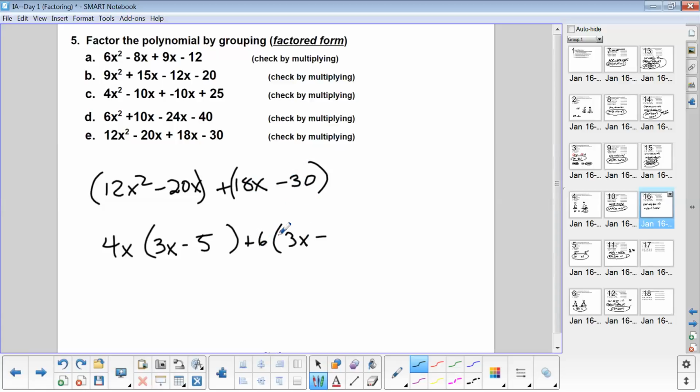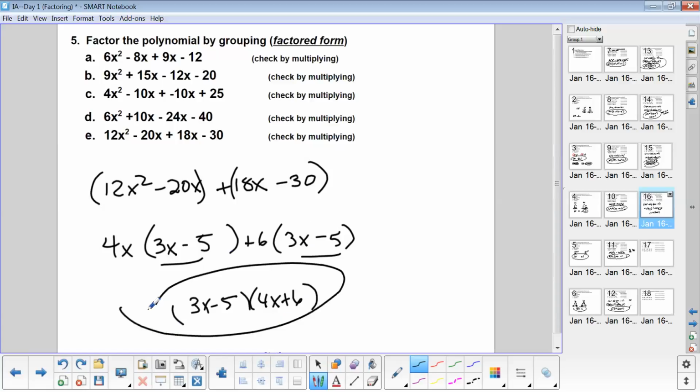Negative 30 divided by 6 would be negative 5. So we have 3x minus 5 and 4x plus 6 would be your factored form.